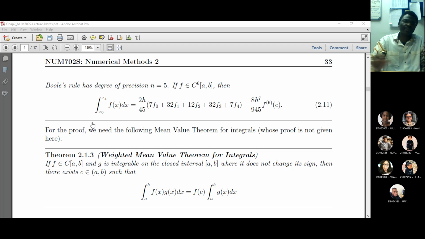Is there anybody who can repeat the motivation, who can tell us why the Gaussian quadrature formula is important at this stage before we proceed? I want to make sure that you understand.